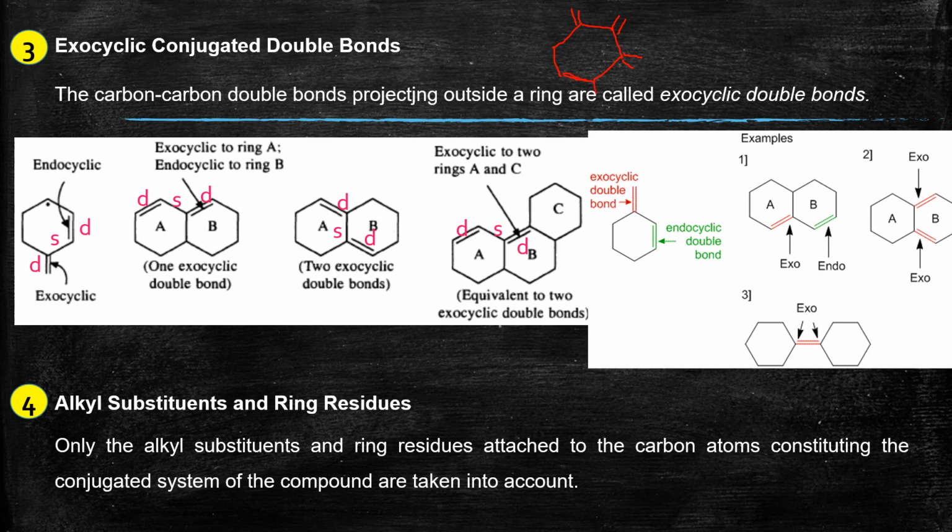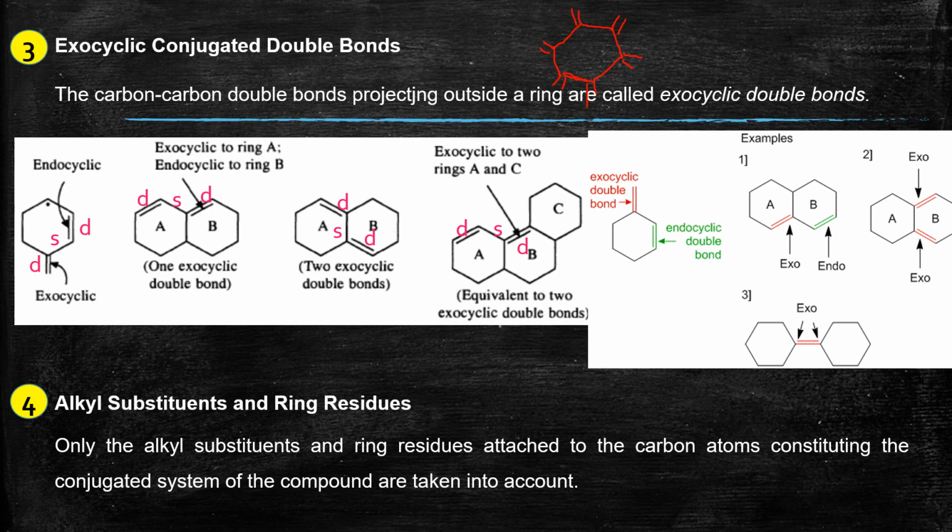Like this, projecting outside means we can tell that it is an exocyclic conjugated double bond. The carbon-carbon double bond projecting outside a ring is called an exocyclic double bond.